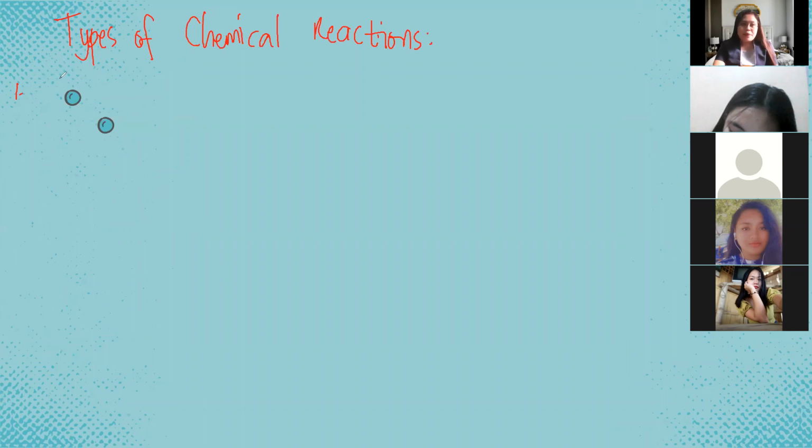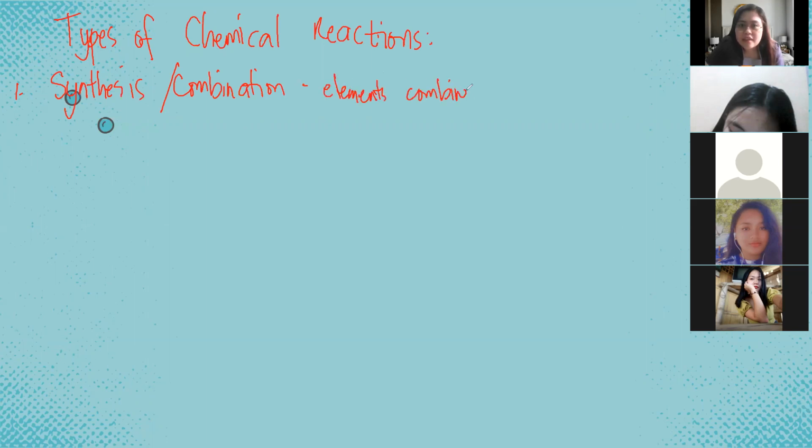So number 1, we have the synthesis or the combination reaction. You can see this in the activity. Now, what is a synthesis or combination reaction? This is a reaction wherein the element or elements combine with each other to form a compound. So elements combine to form compounds.